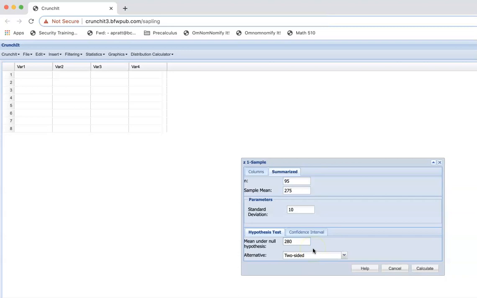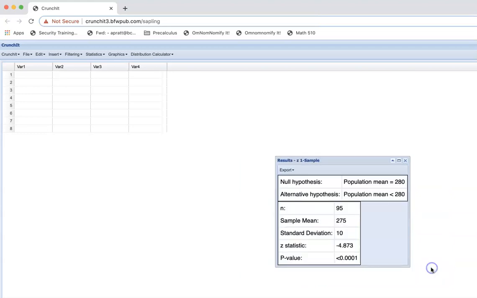So the claim was that it's 280, and we think it's something less than, so we'll pick our alternative less than. We'll hit calculate, and we'll see that the p-value is incredibly small. It's less than 0.0001. So that is a very small p-value, so we would definitely suggest that it is unlikely that that null of 280 days is appropriate in this example.